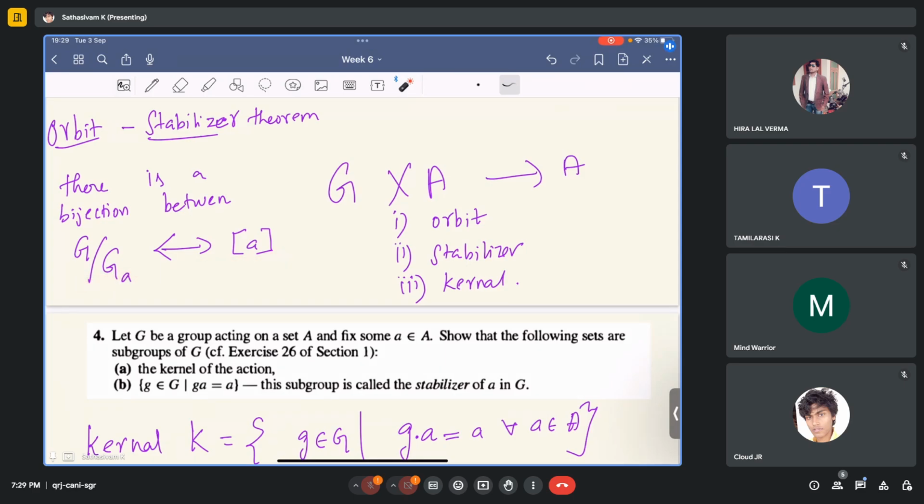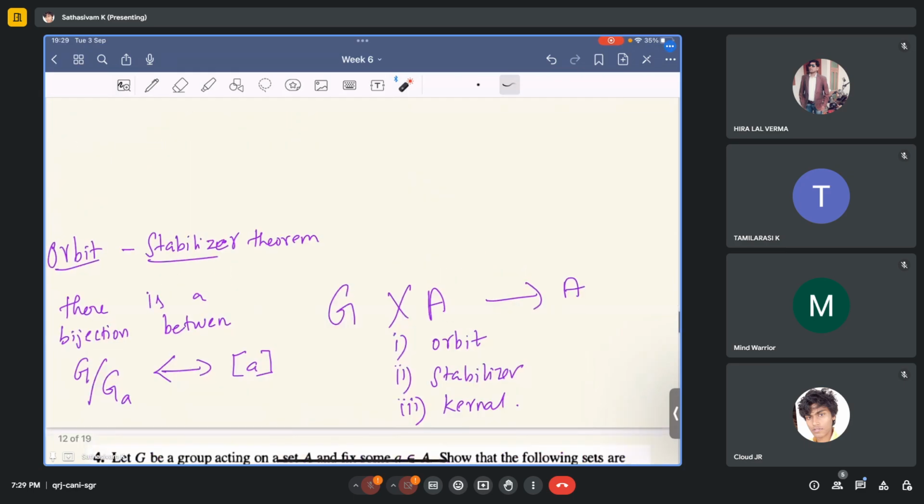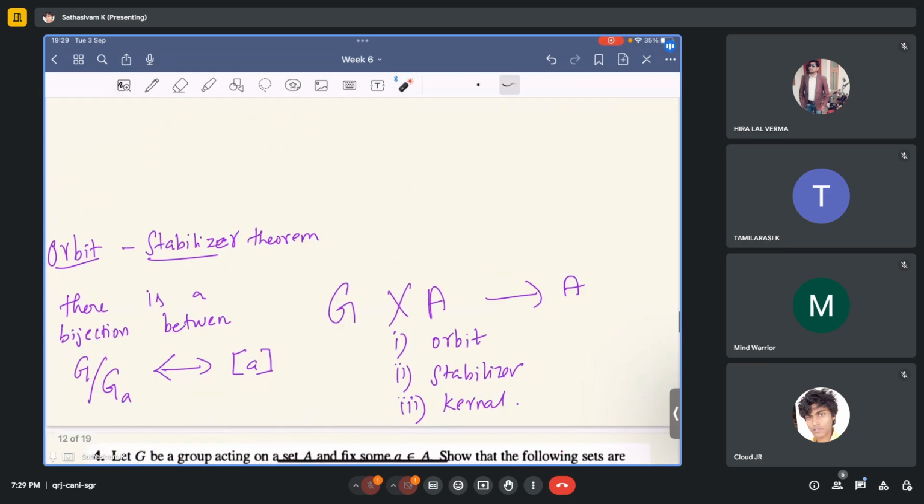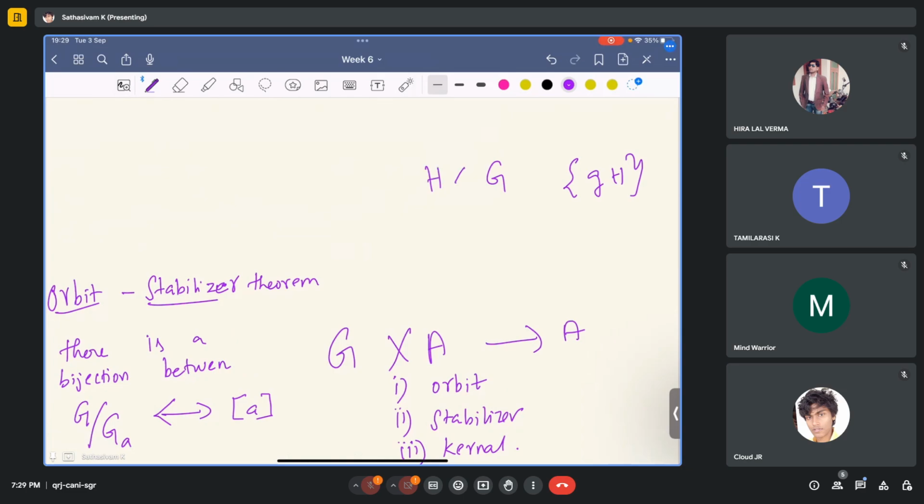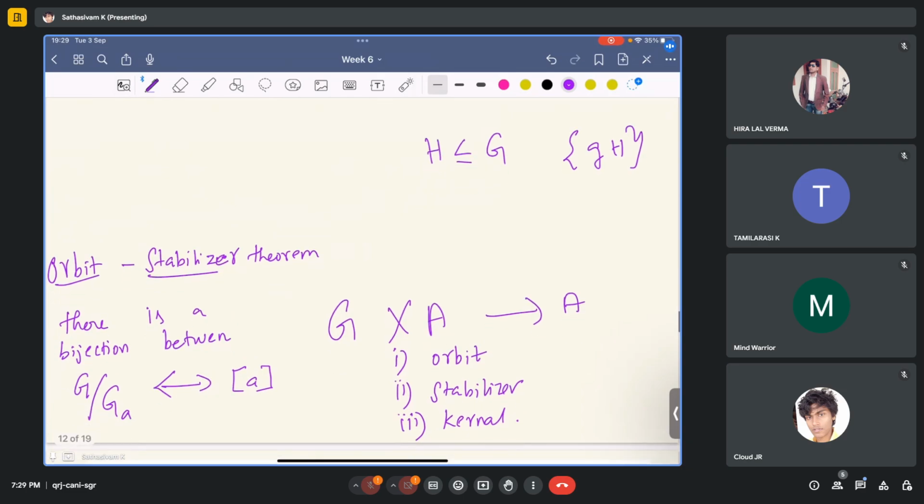In this case, if you change this action to the left multiplication, which I think we have done in the class, you take G and the set of all cosets gH, where H is a subgroup of G. Now G will act on this set of cosets. How does it act?